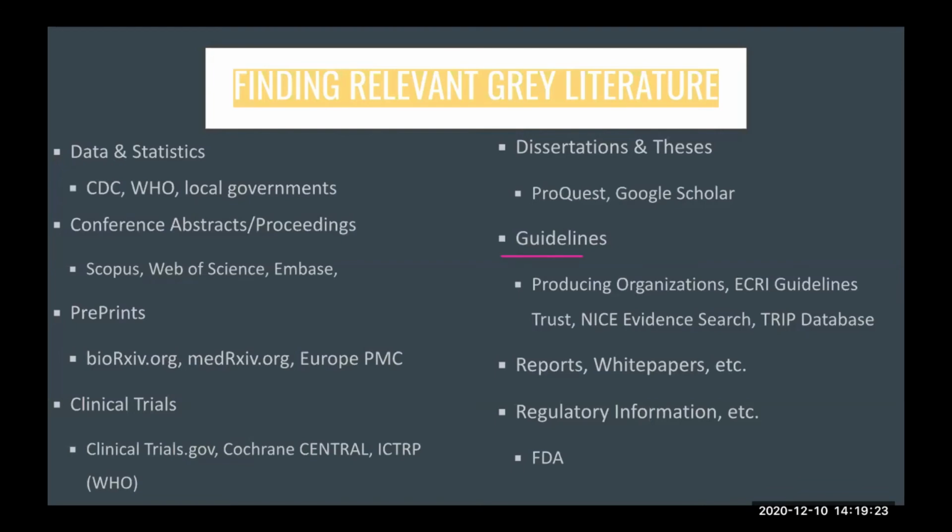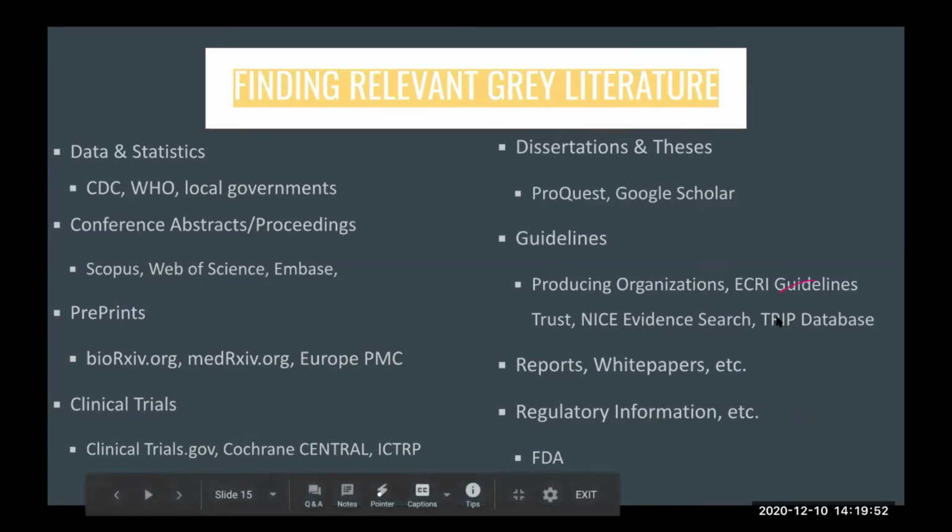Finally, guidelines. Guidelines come from different healthcare organizations, health systems, et cetera. It is really important in a lot of our literature reviews to try to see if there is a consensus among guidelines, and to look for the most updated guidelines in a certain area. So having a place where we can find as many guidelines as possible can be really useful.